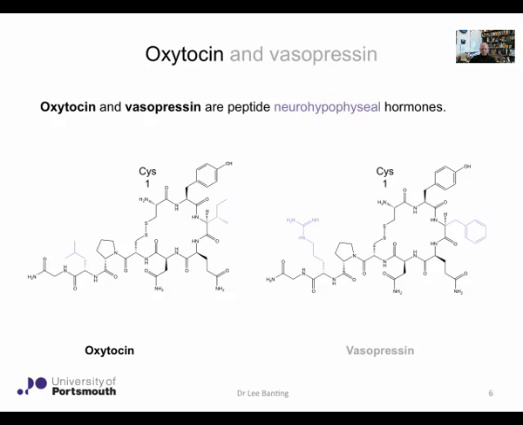So we have cysteine 1, a tyrosine residue, an isoleucine residue in oxytocin, a glutamine residue, an asparagine residue, and these are neutral amide side chains, as we mentioned in the lecture course. We have the second cysteine residue, which forms the cyclic structure by disulfide bridging between the two cysteine side chains, and this is thought to be important in the activity of the peptide, as you'll see later.